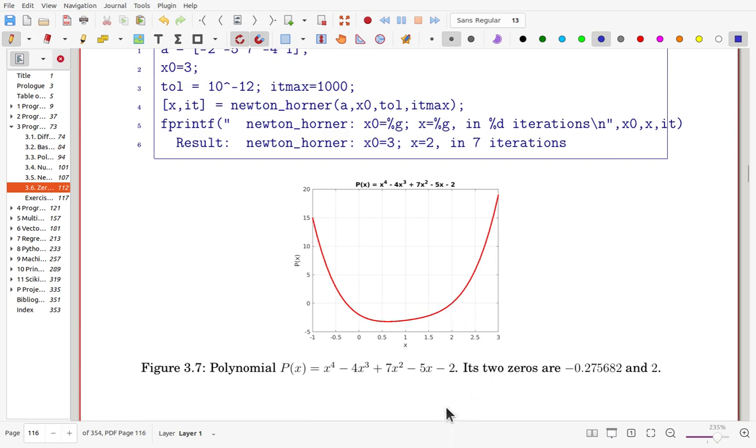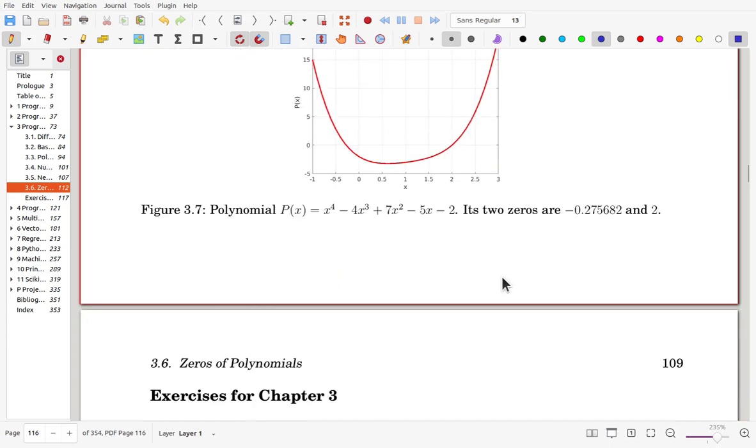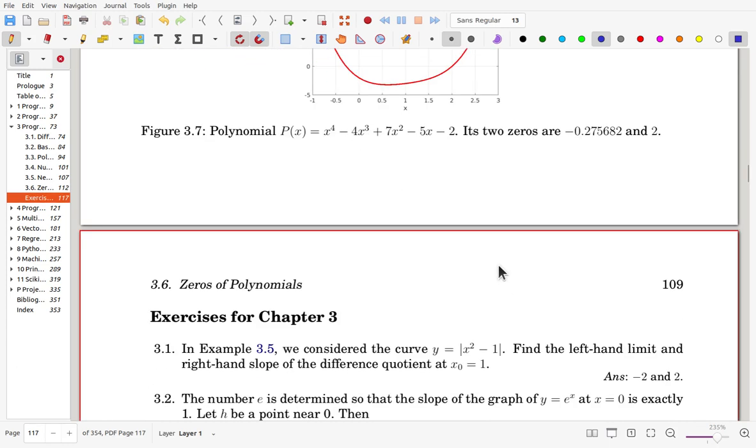The function has two zeros: one is here, and this one is 2. In fact, this is a fourth order polynomial, and there are only 2 real zeros, and there are also 2 complex valued zeros. Okay, that's the end of the section. Thank you.